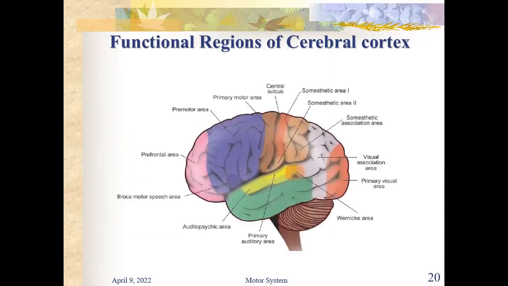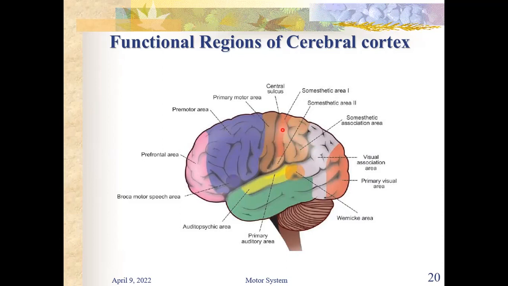So when you look at this diagram, you will see the functional regions of the cerebral cortex, the primary motor cortex, the precentral gyrus, the postcentral gyrus, which is the primary somatosensory area. You can also see the somatosensory association area. These are all sensory areas, sensory association areas.